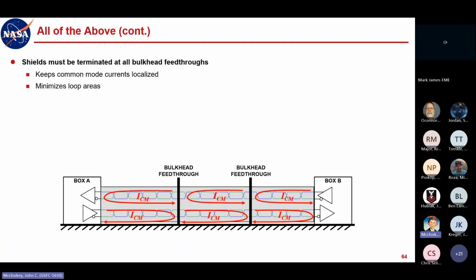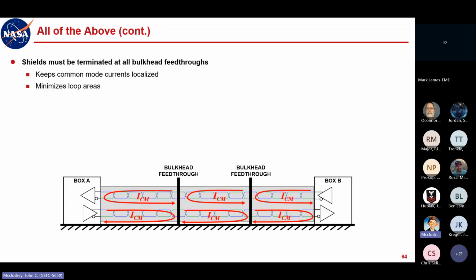And terminating these shields at each bulkhead feed-through, both sides at each bulkhead feed-through, minimizes the length of any individual shield. If you think of a shield as having the potential to behave as a radiating element, as an antenna, every single place you terminate it minimizes that available resonant length.